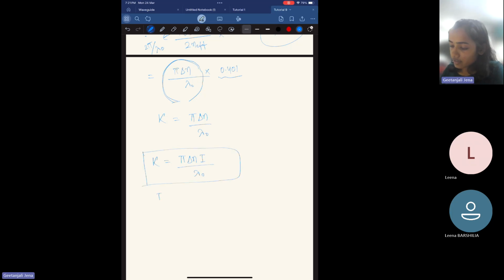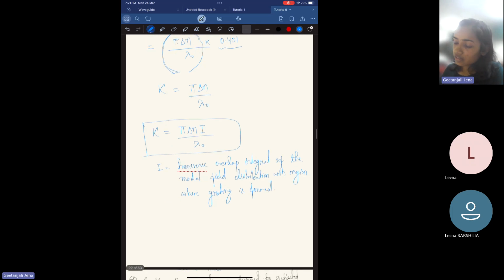So I here is the transverse overlap integral of the modal field distribution with the region where the grating is formed. So this is the integration that we need to consider.